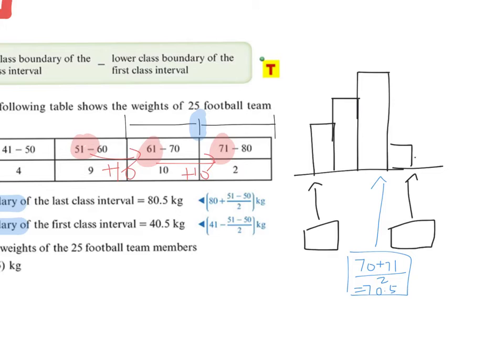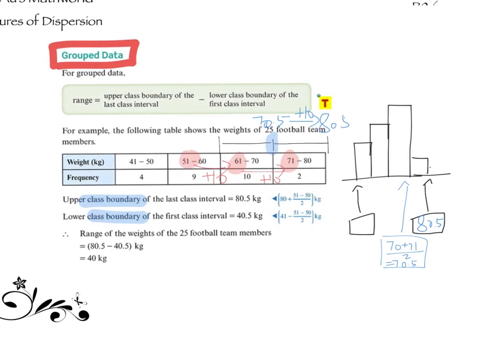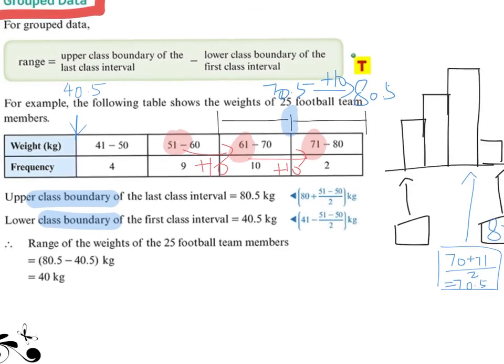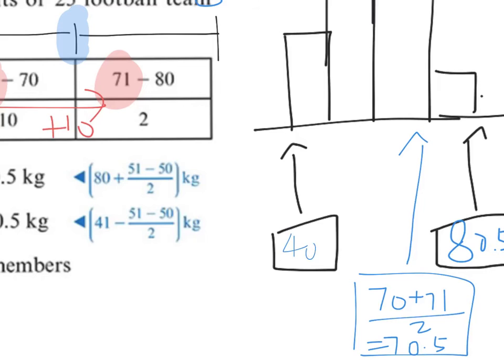That means for the class boundary, originally this one is 70.5. Then we add 10 for it, and it becomes 80.5 kg. Okay, 80.5. So 70.5, and it goes by subtraction, and so on. So this one will become 40.5. Once again, 40.5.